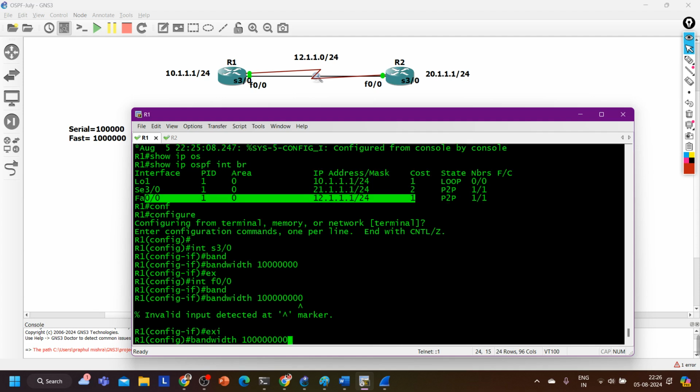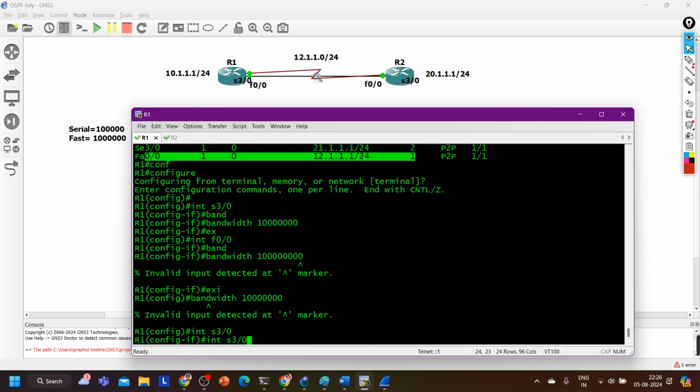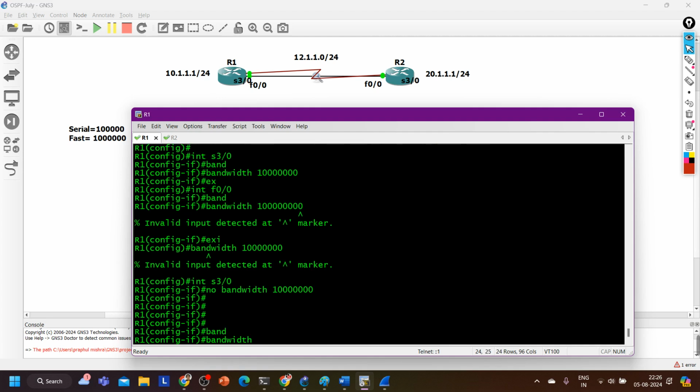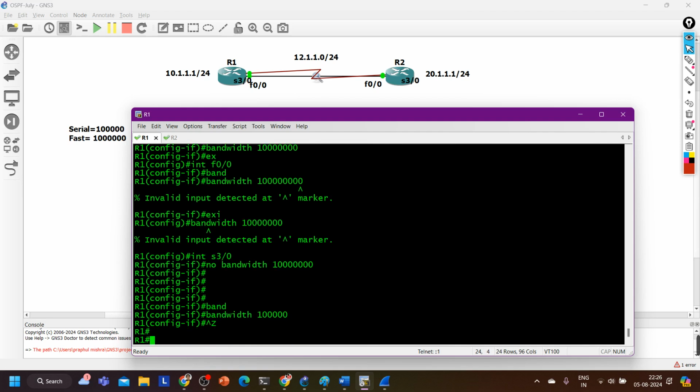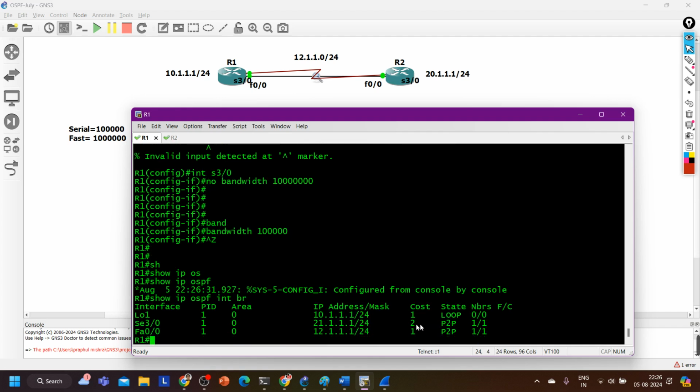On the serial link 3/0, let me remove this bandwidth command. Now, show IP OSPF interface brief: see, on the serial link cost is 2, on the Fast Ethernet link cost is 1. That is correct, OSPF is working fine.